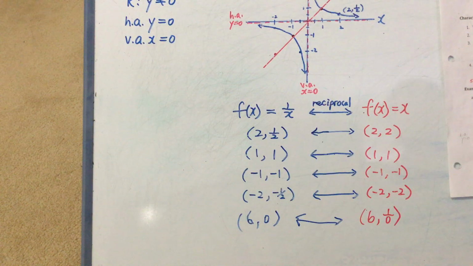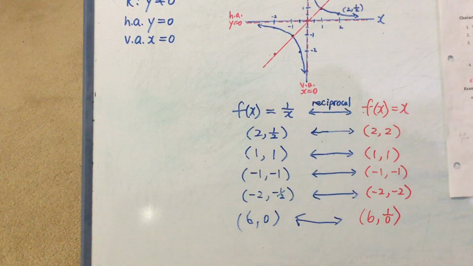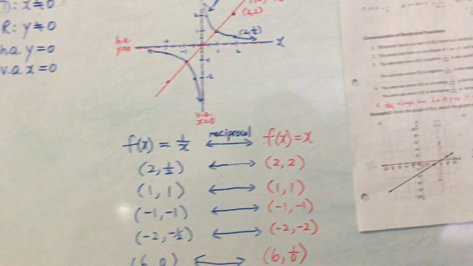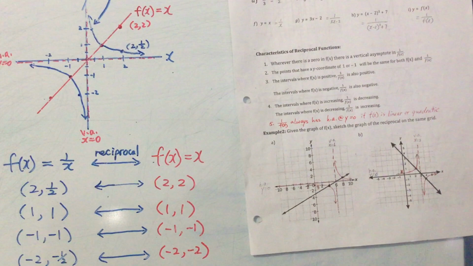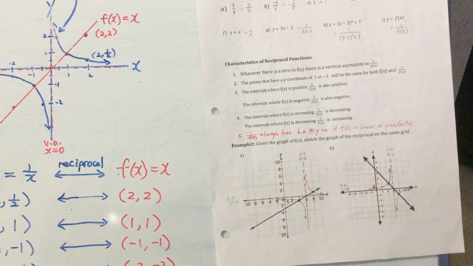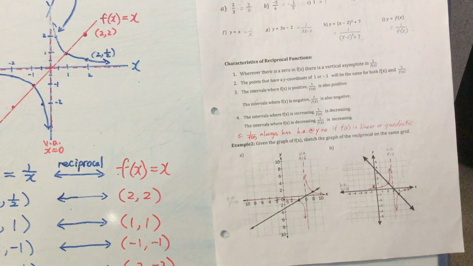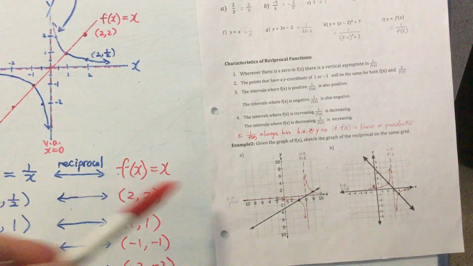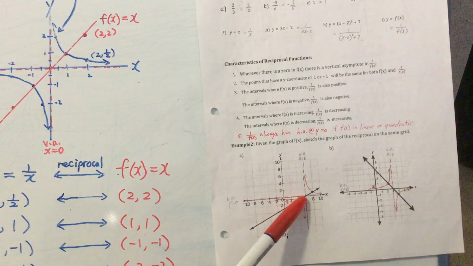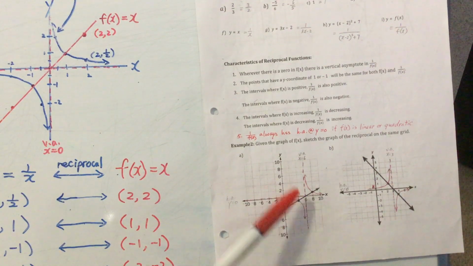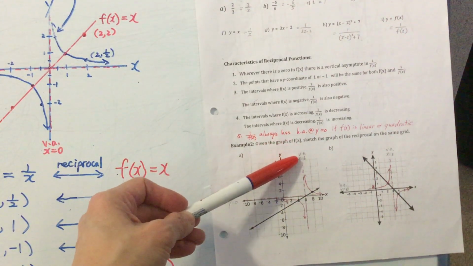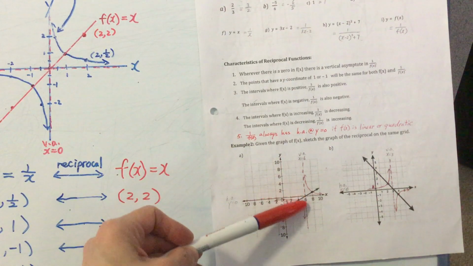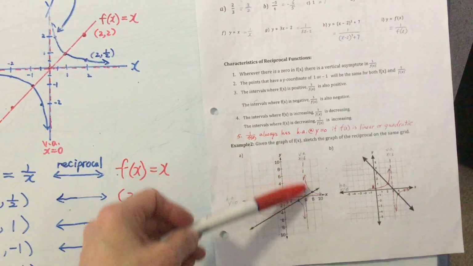And we all know that 1 over 0 is undefined. So therefore, any 0 of the original function, like in this case where it has a 0 at 6 comma 0, this point becomes undefined. So on its reciprocal, it generates the vertical asymptote right there.